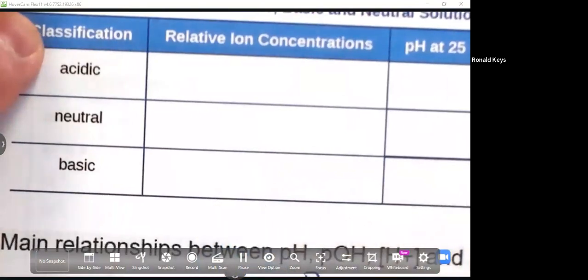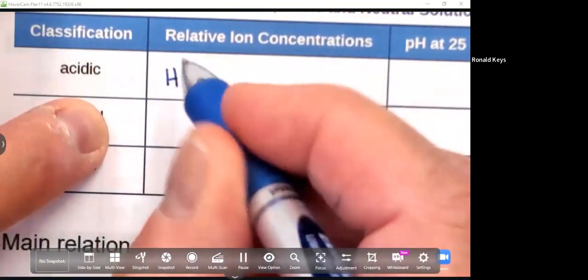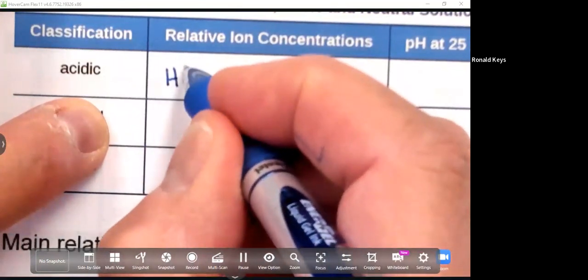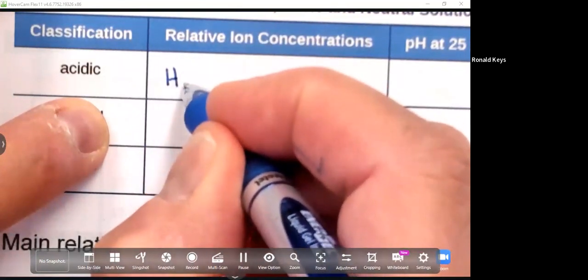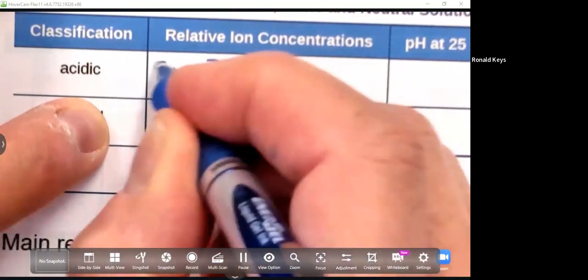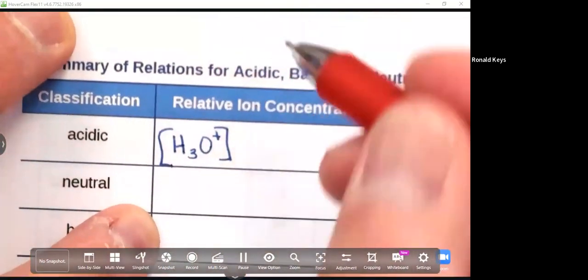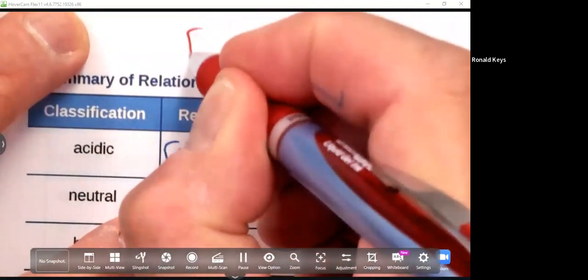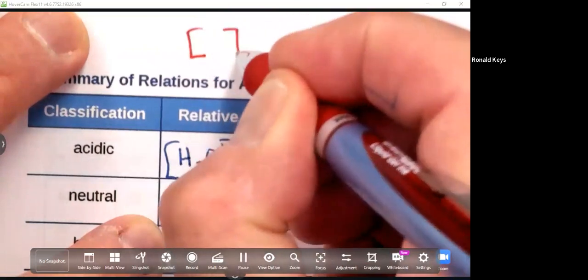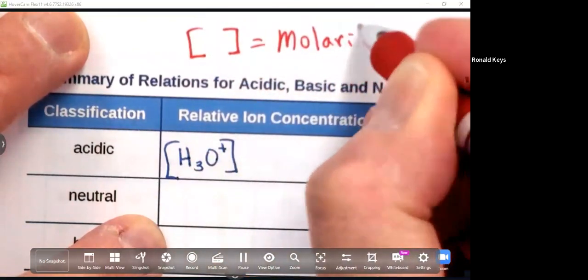If we have an acid solution, our H3O plus, these brackets equal molarity. That's just saying my units are in molarity.